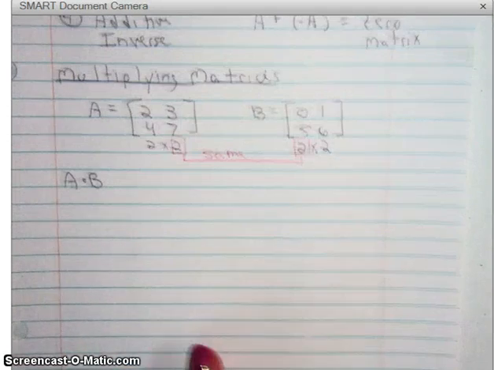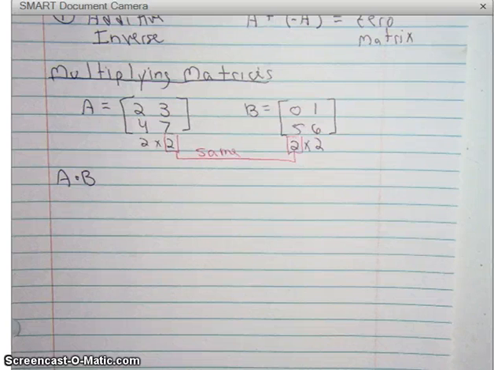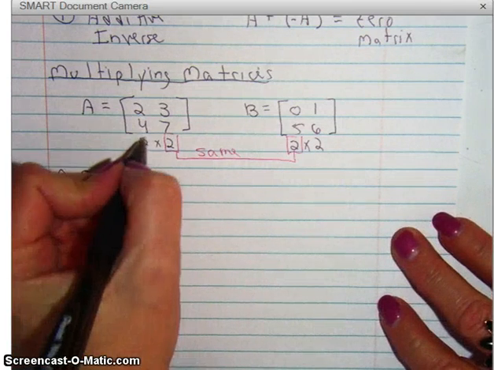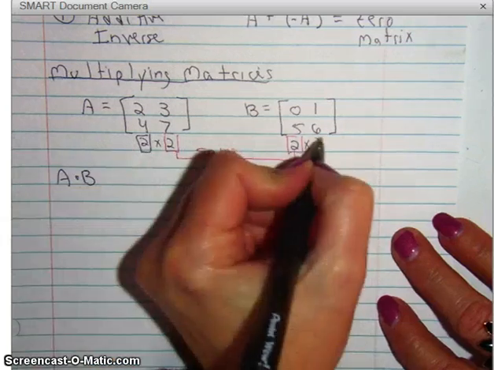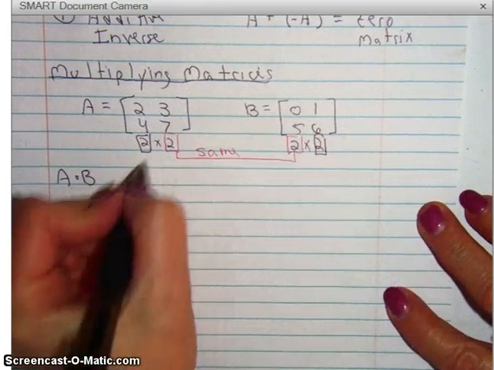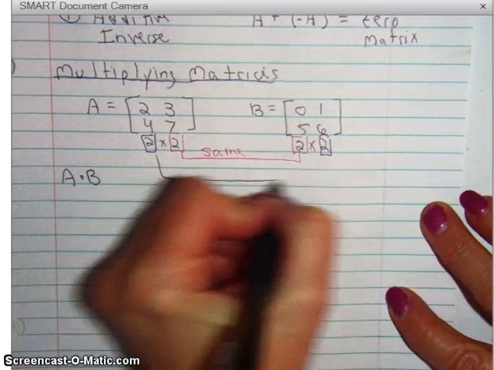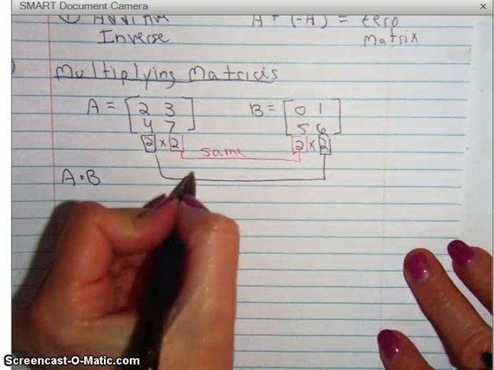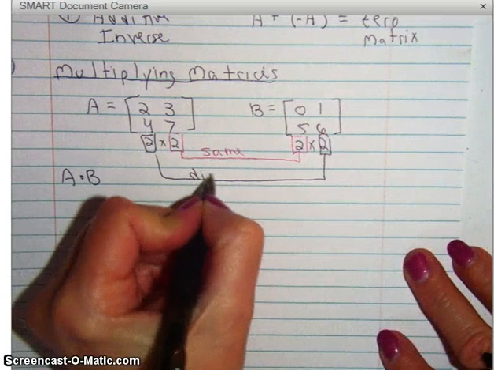So as soon as they're not the same, gang, stop and say no matrix. It doesn't work. The inside dimensions have to be the same. All right? The outside dimensions, the ones that are towards the outside, are the dimensions of the answer matrix.